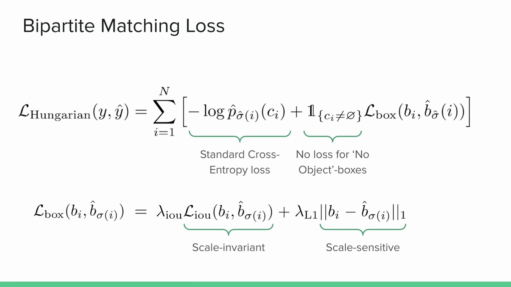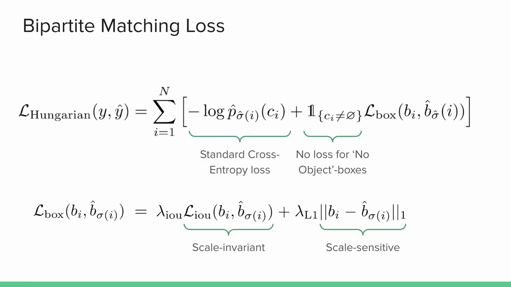So what they add is the second part, where they say, okay, this second loss term here is scale sensitive, to make up for this. And they have introduced additional hyperparameters here, lambda IOU and lambda L1. They basically used 2 for the first lambda and 5 for the second one for their experiments, but they also experimented with different values. So those are just 2 additional hyperparameters that we have to deal with when we're doing this sort of object detection with transformers.